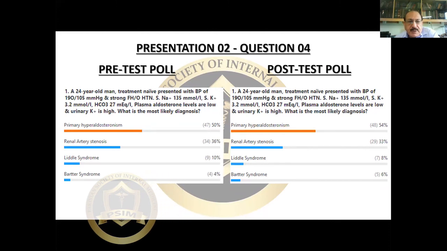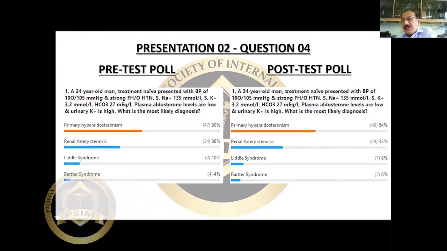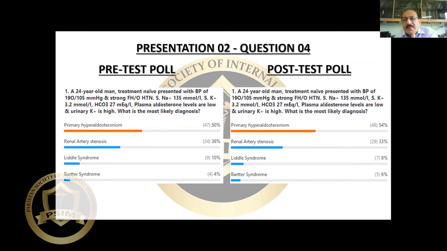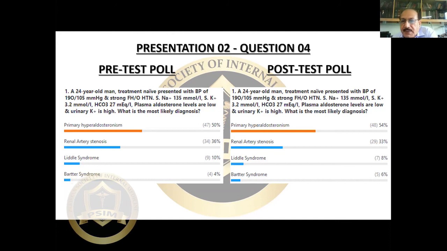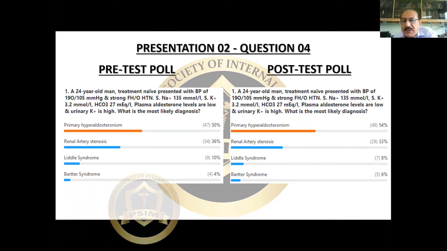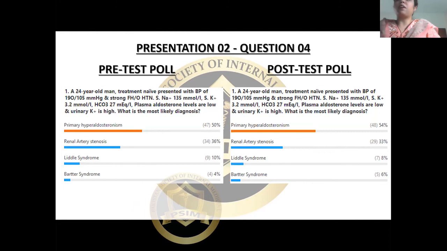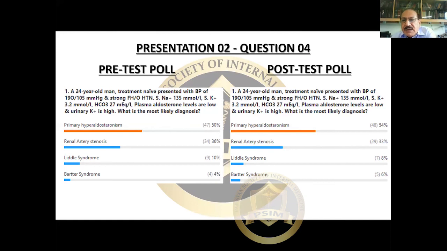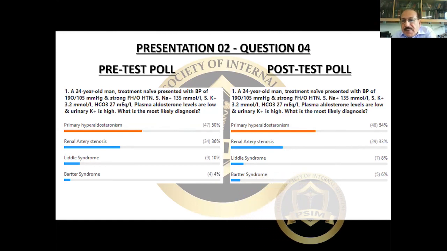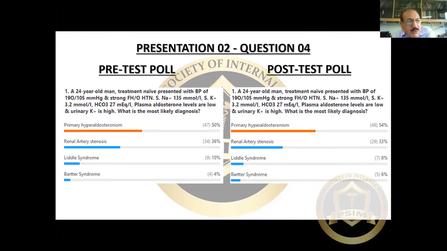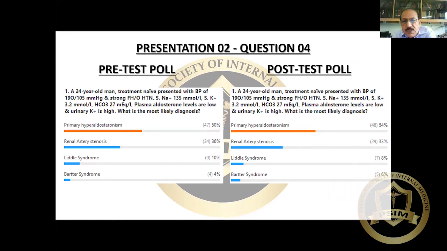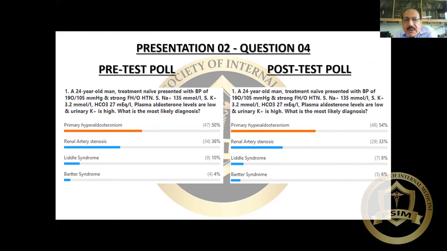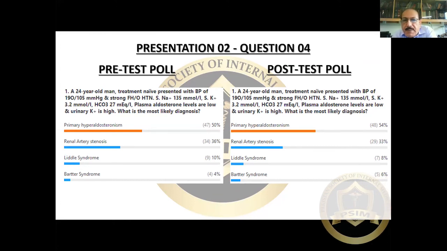If a young patient comes with isolated systolic hypertension, or comes with diastolic hypertension, and there is a family history of hypertension, you must consider, at least in your differentials, Liddle syndrome as a cause, and do the urinary potassium, and do the serum bicarbonate, because it produces a picture like primary hyperaldosteronism.